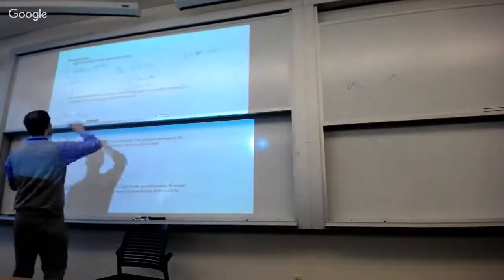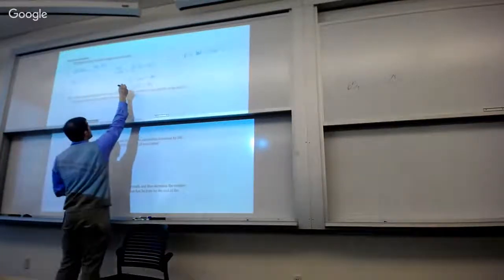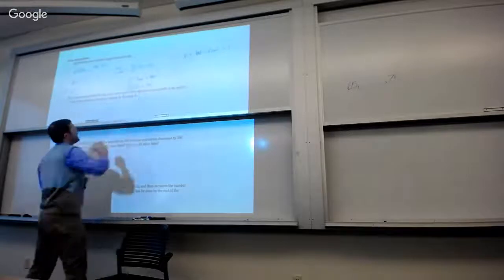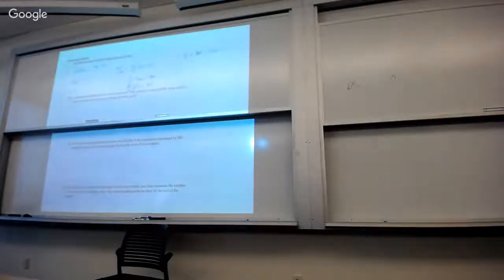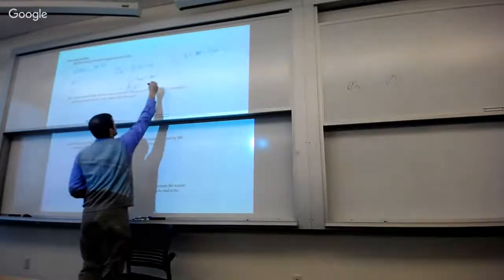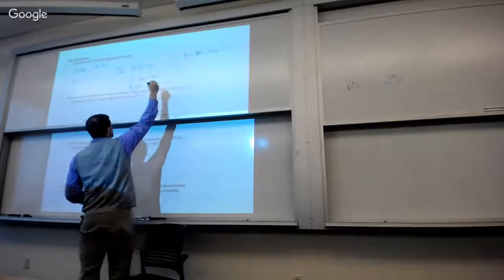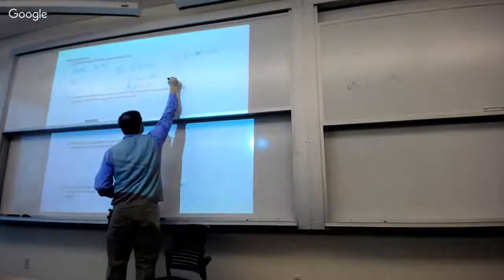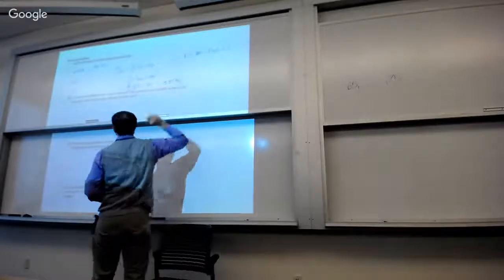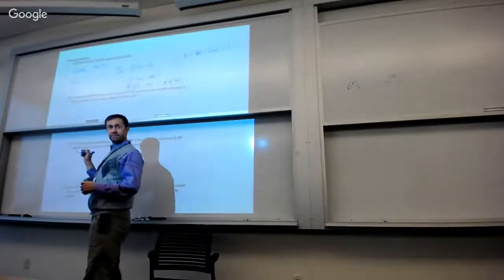All right, so how many terms are there? 95 minus 65 is 30 plus 1 is 31. And that would be the sum of all of those terms. So 31 divided by 2 times 65 plus 95. Which is what? 15 and a half times 65 plus 95 is 160. And what did you get? 160.